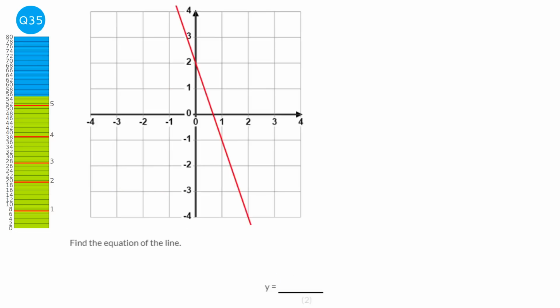We can write the equation of any straight line as y equals mx plus c, m being the gradient and c being the y-intercept. Now the y-intercept is the easy one because it's just where the line crosses the y-axis. In this case, it's going to cross it at 2. Now to find the gradient, we need to find two coordinates that we know, and preferably next to each other.